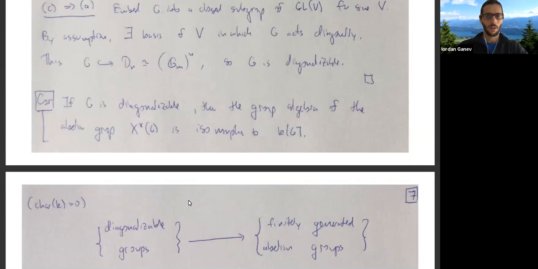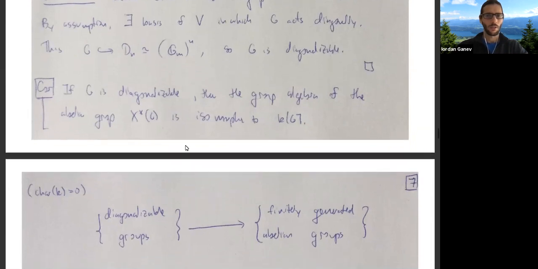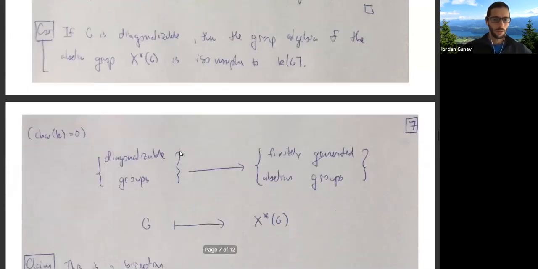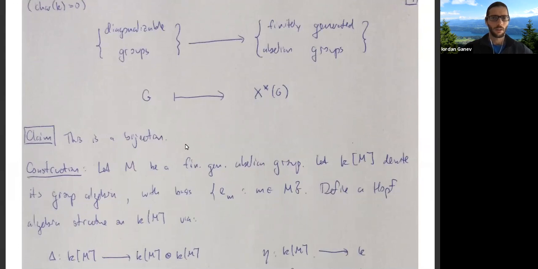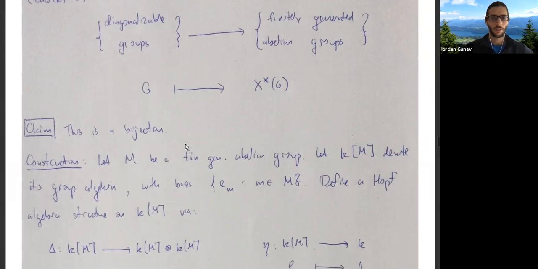As a quick consequence of this theorem, when G is a diagonalizable group, its affine algebra is just the group algebra of the characters. Then we talked about this construction: starting with a finitely generated abelian group and producing a diagonalizable group, which goes through the group algebra.